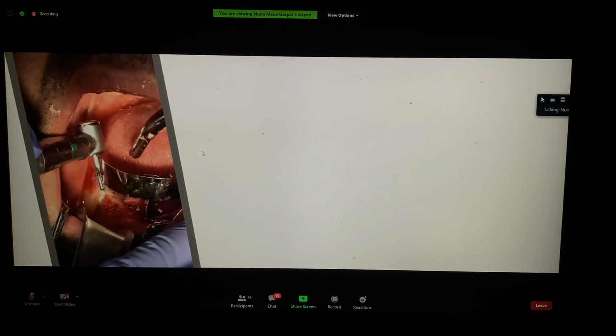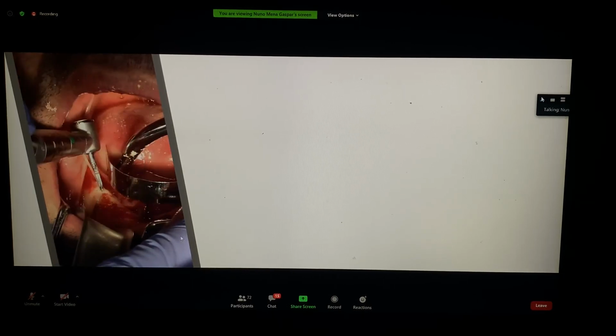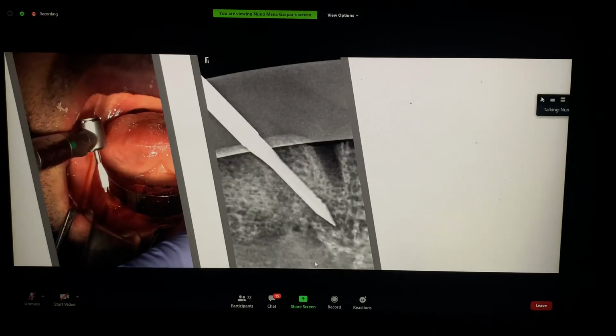That's one of the advantages of using this. So this is the nerve here, and this is my guide. With this I can reduce the cantilever by having more space here and reducing the AP spread. Và dùng cái thước này giúp tôi tránh được việc đụng vào dây thần kinh.